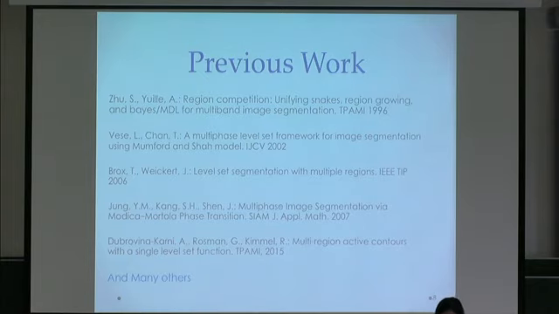Jung and Chan proposed multi-phase segmentation, and very recently, Ron Kimmel and his colleagues proposed to use a single level set in order to partition the image domain into M regions. Now, I'm not going to propose an economical way. I will use M or M-1 level set functions in order to partition the image domain, but I will present a different way to do so, so this can be solved elegantly.